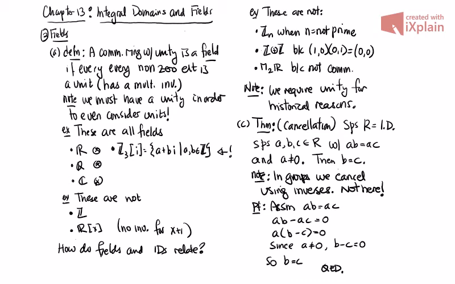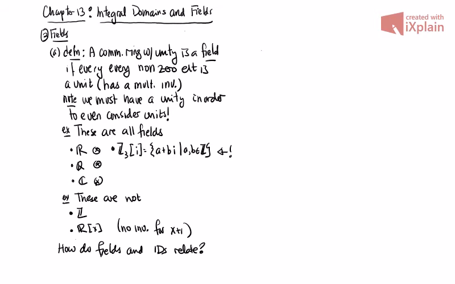Is every integral domain a field, etc.? So that's the first question we'll answer here. First, theorem: every field is an integral domain. This means the property of being a field is stronger. The proof of this is pretty straightforward.